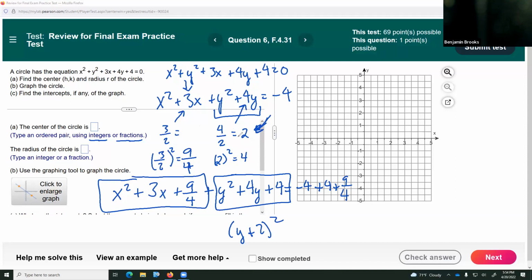Whatever your b over 2 is, that's what we simplify it down to. Same thing over here. So it should be x plus what? 3 over 2, exactly right. We're going to have plus, the 4's cancel on the right, so you end up with 9 over 4. That's it.